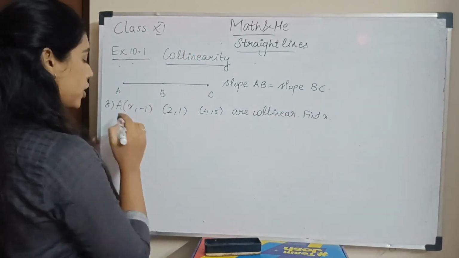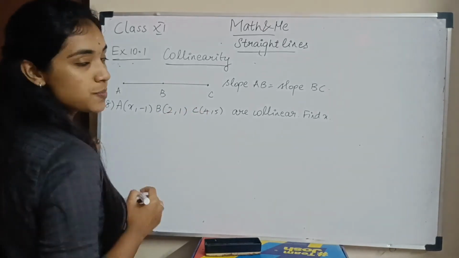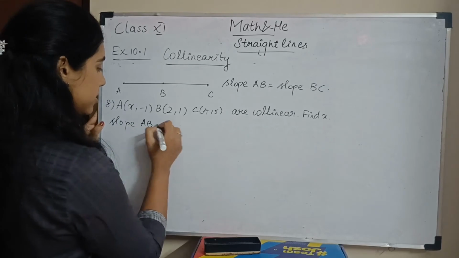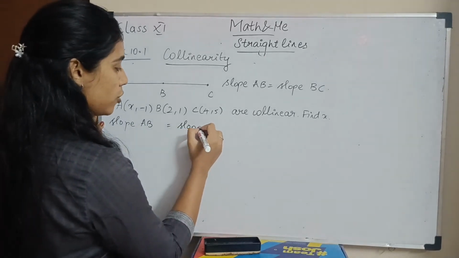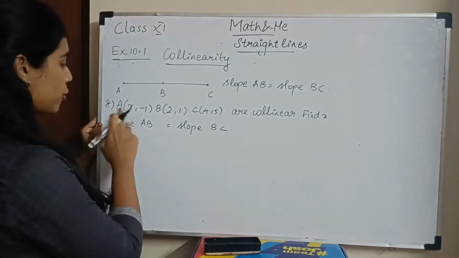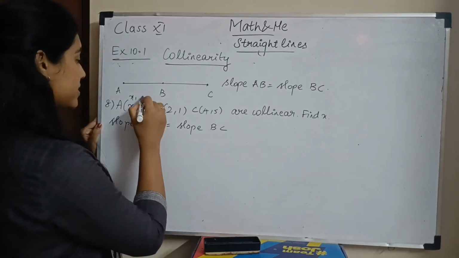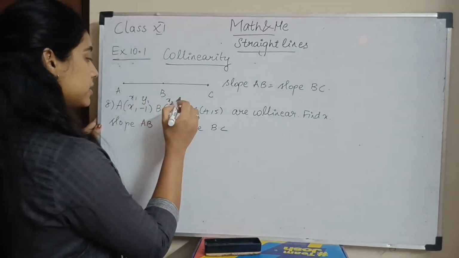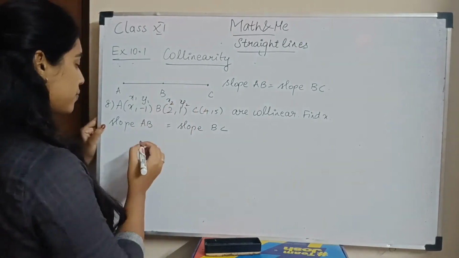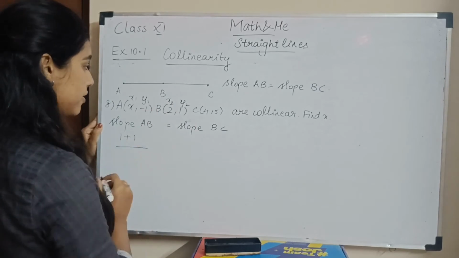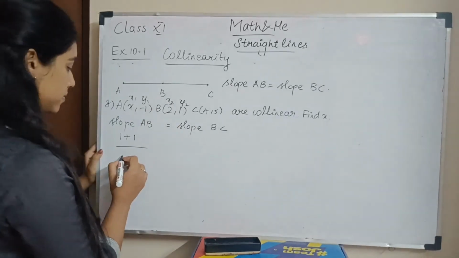Let us assume this is point A, this is point B and this is point C. So slope AB equals slope BC. What is slope AB? y2 minus y1 divided by x2 minus x1. This is x2 and this is y2. So slope AB is y2 minus y1, so it is 1 plus 1 divided by x2 minus x1.